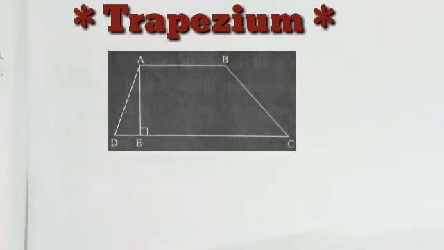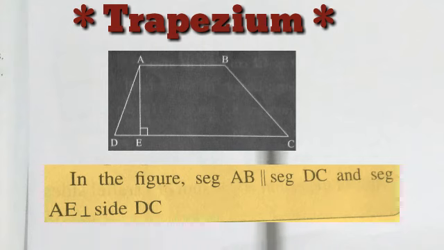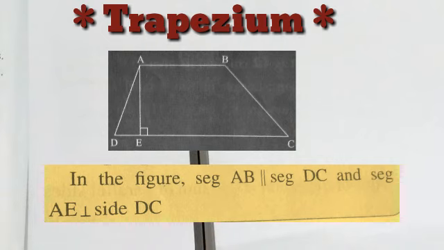From this figure we get one piece of information: segment AB is parallel to segment DC, and segment AE is perpendicular to side DC. So this is the basic information we can get from the figure: AB is parallel to DC and AE is perpendicular to side DC.